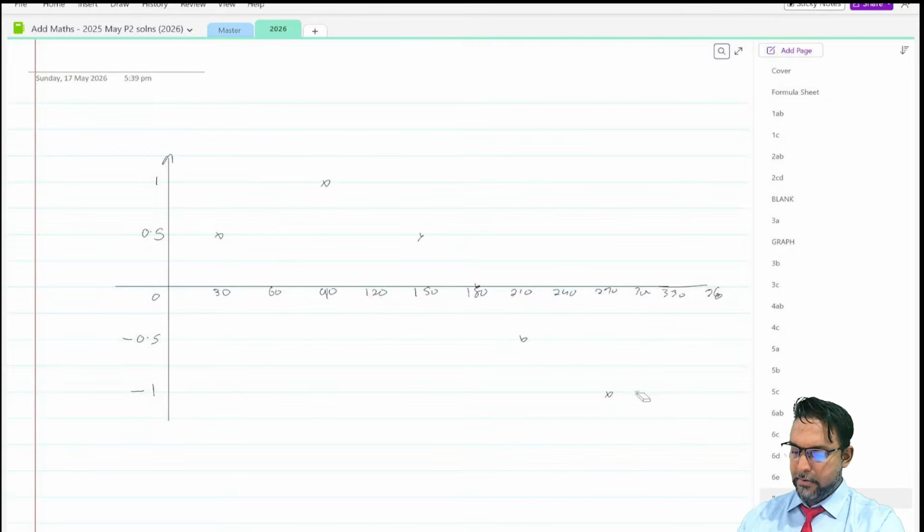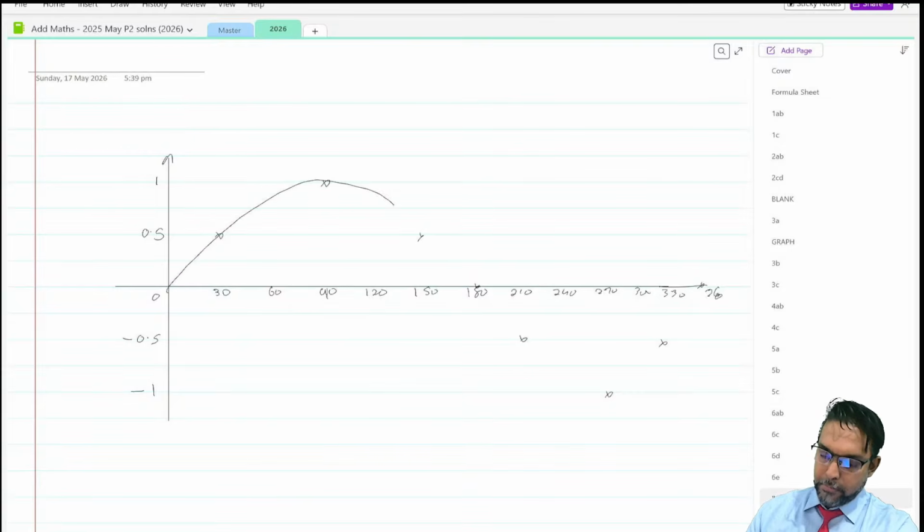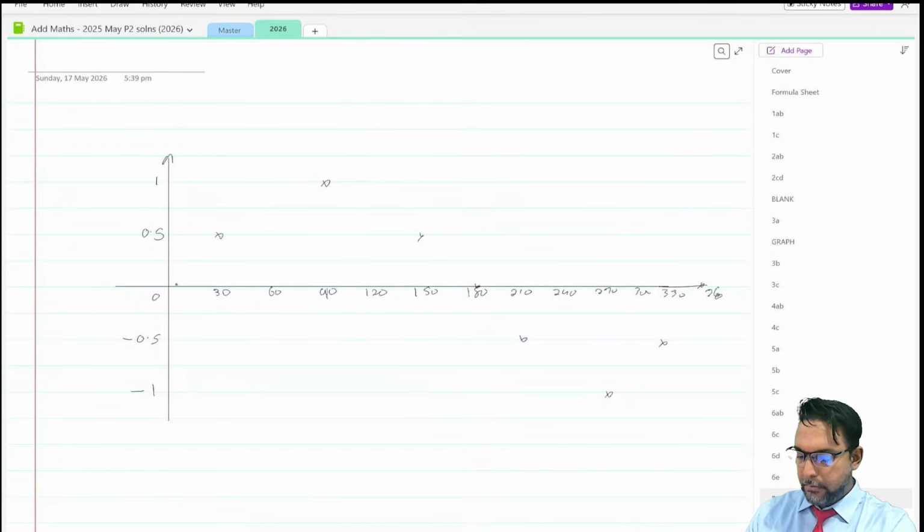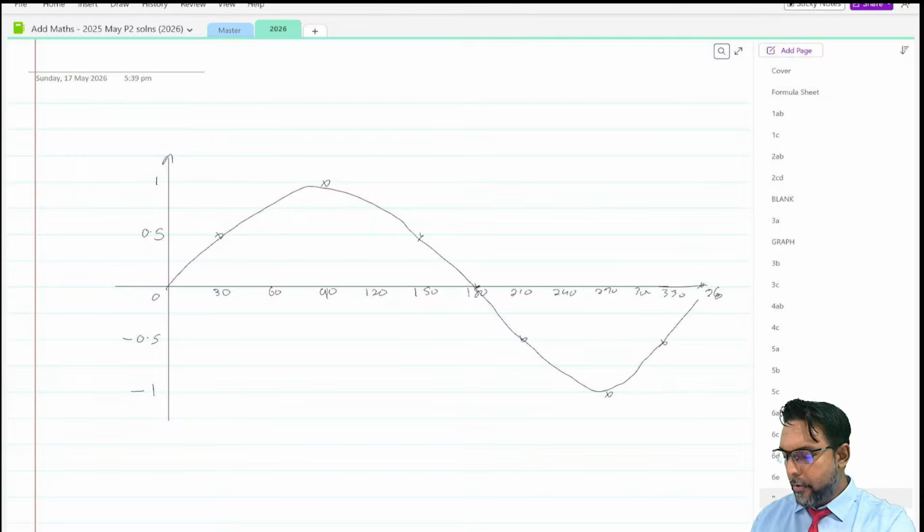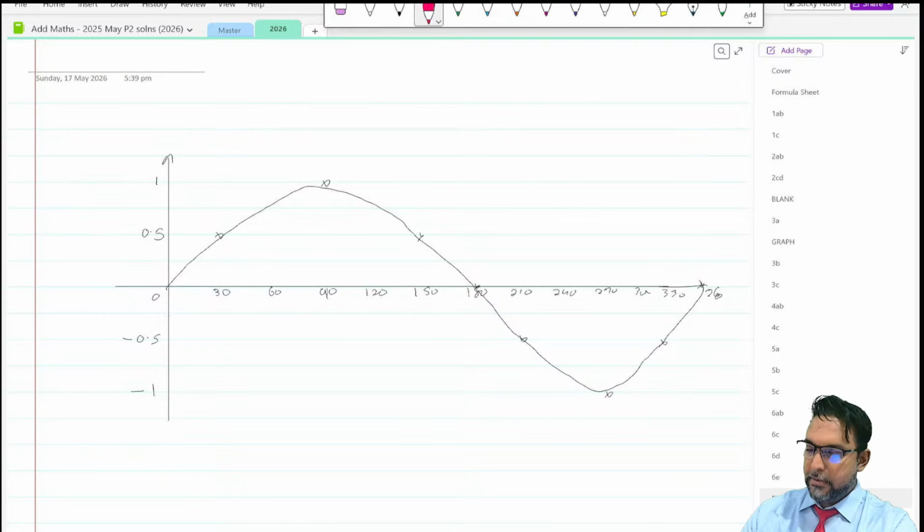Yes, 270 is minus 1, and 330, 150 plus 1, okay. So that's sine x. Cos x starts off at 1.